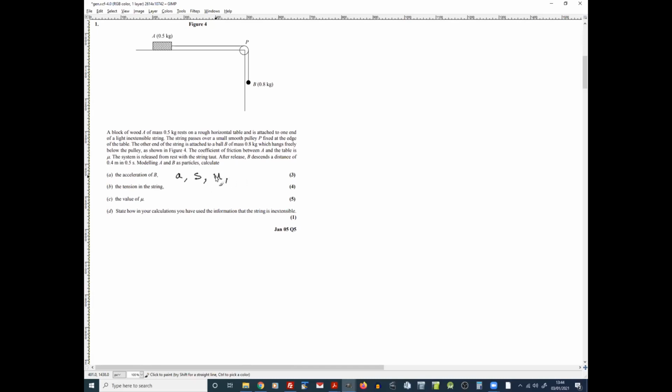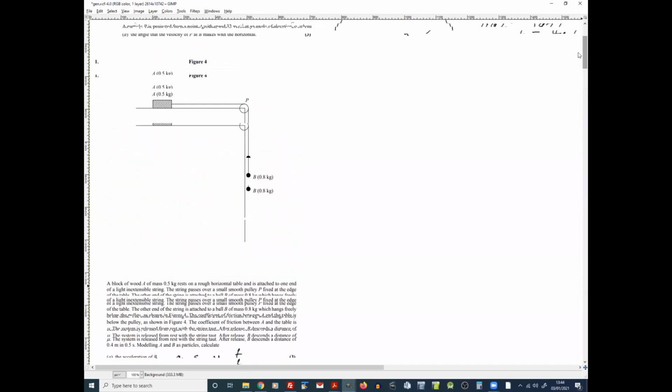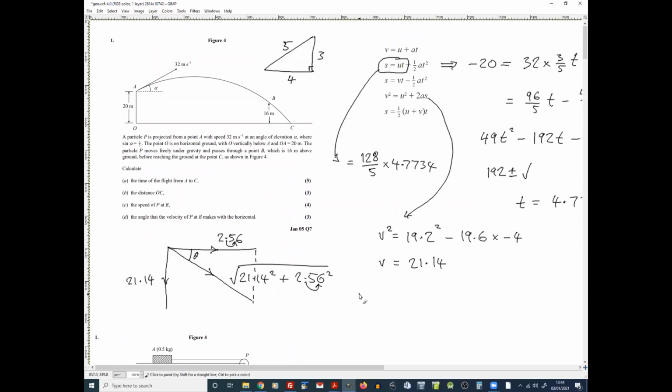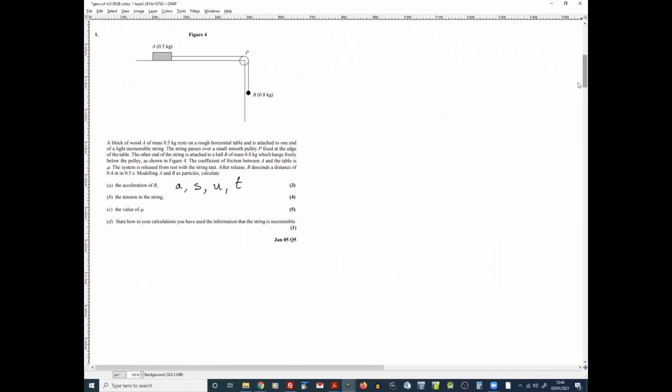We know the initial velocity is 0. And time, 0.5 seconds. So A, S, U, and T, that's enough for which one? S equals UT plus half AT squared. Exactly. Yes.